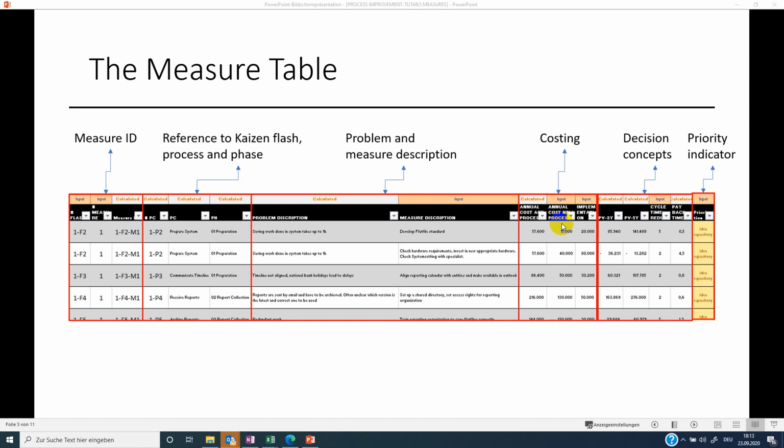The same applies for cycle time reduction, which is a different decision concept. It is particularly interesting for processes that on an operational level require a lot of speed and at the same time do not put the focus on the implementation cost itself.